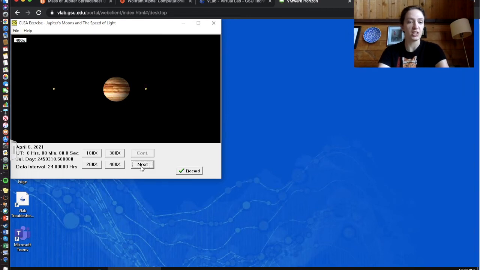Then you would just page through this, gradually getting the data, and occasionally you would come across a cloudy sky because these were taken from the ground, but you would keep going until you got enough data points to have a full orbital period, and then you would start working on the actual mathematics. So with that, I'm going to get into the actual lab and show you what it looks like.